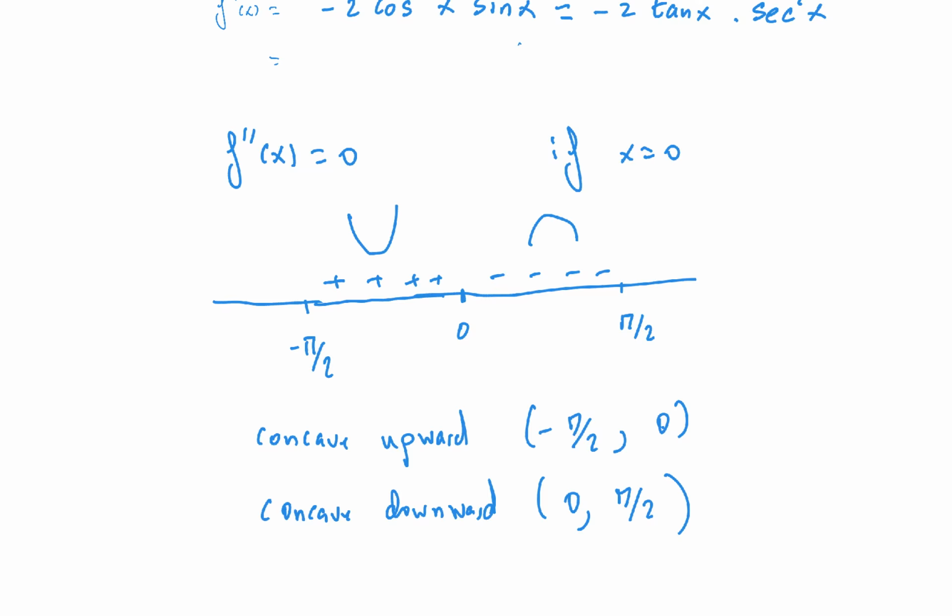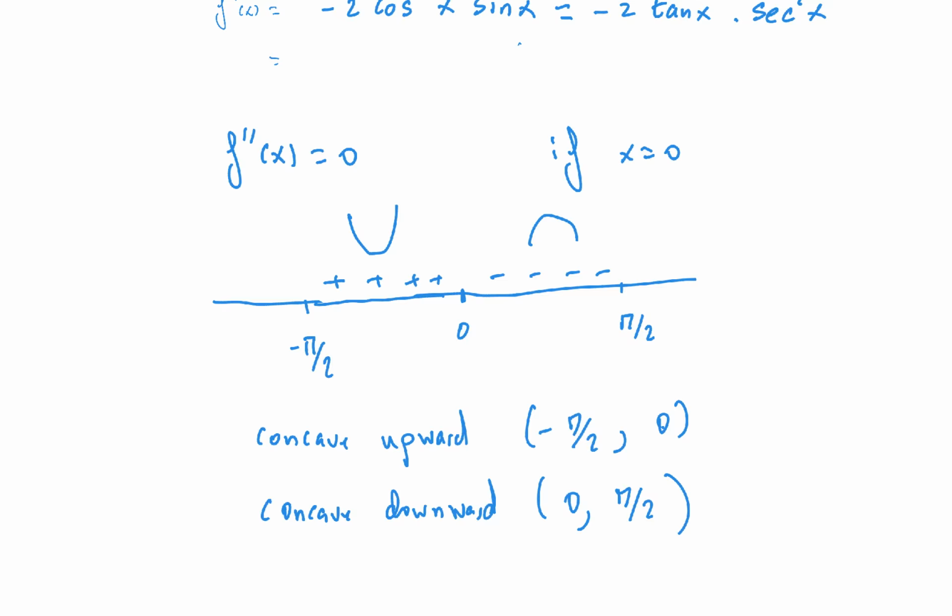And to the right, if you plug in, for example, x equals plus pi divided by 4, you will see that the second derivative is negative. So it's concave downward.